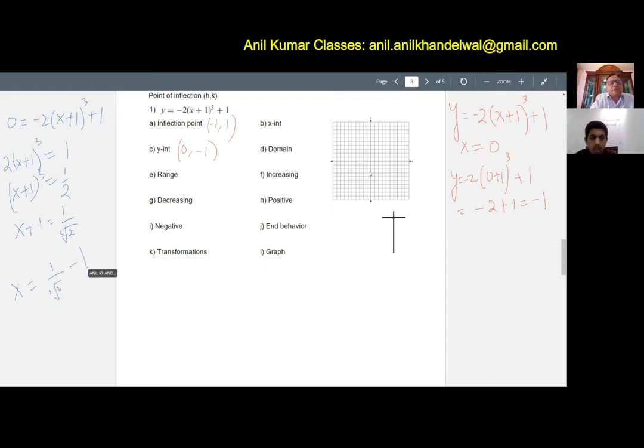You can find this value using a calculator. So I'm writing it as 1 minus cube root of 2 over cube root of 2. So there is one x-intercept.